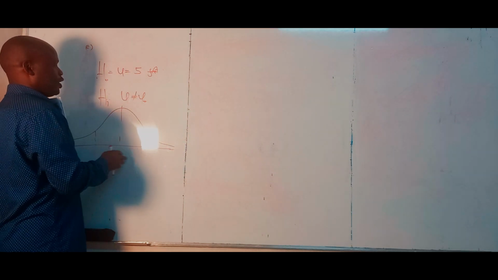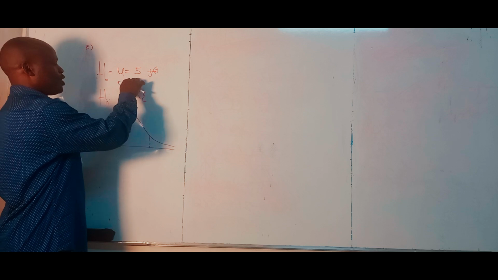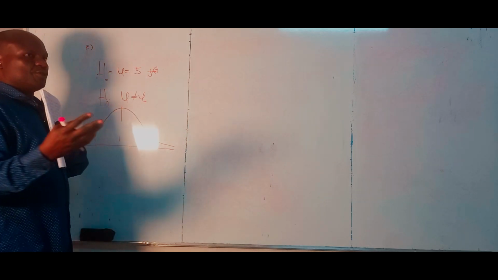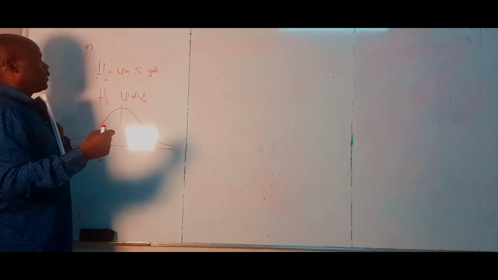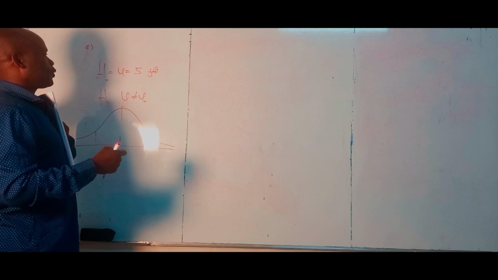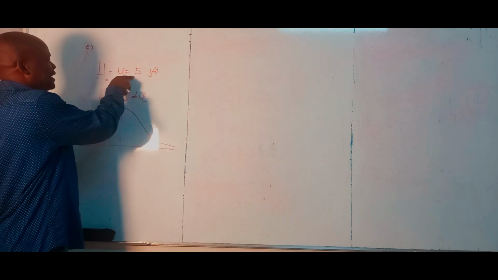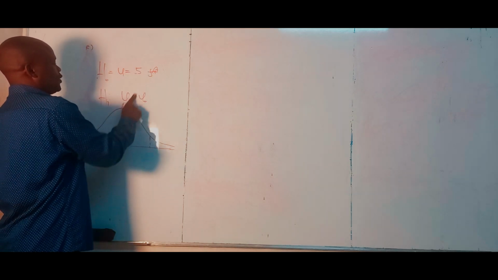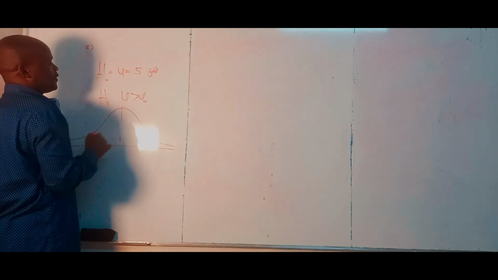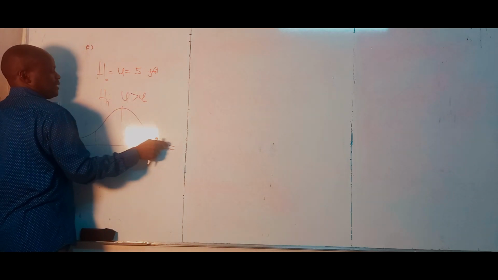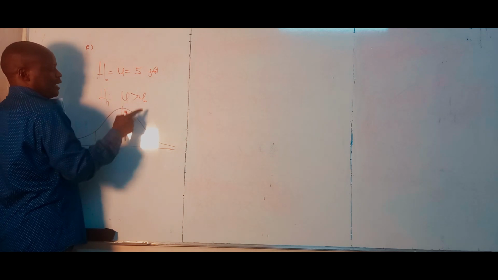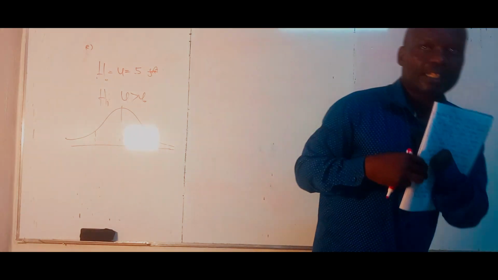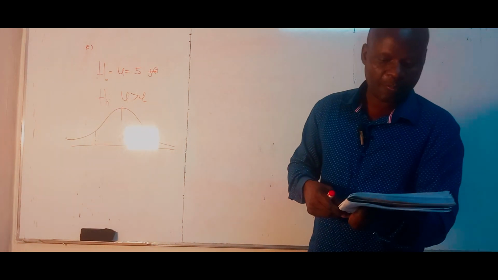Two-tailed to mean if this is not equal to this, it could be higher than that, in which case it will be here, or it could be less. That makes it two-tailed. But what if we were talking about a variable that cannot be less than this? So if I say it is not this, then it would be understood that it is greater than that, in which case it will just be here. That's one-tailed. And if it can only be less, then it's the other end. So that makes the difference between a one-tailed test and a two-tailed test in testing hypothesis.